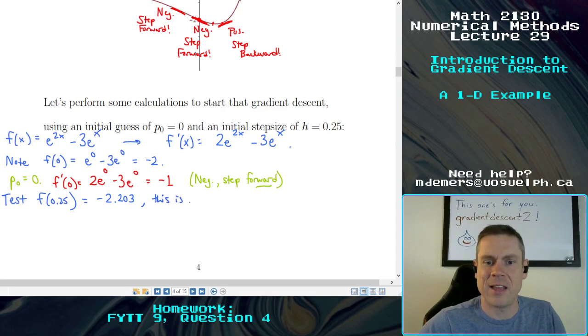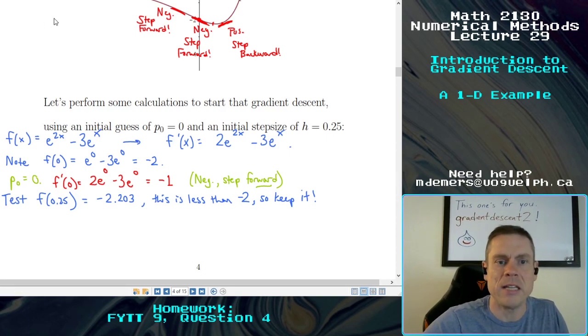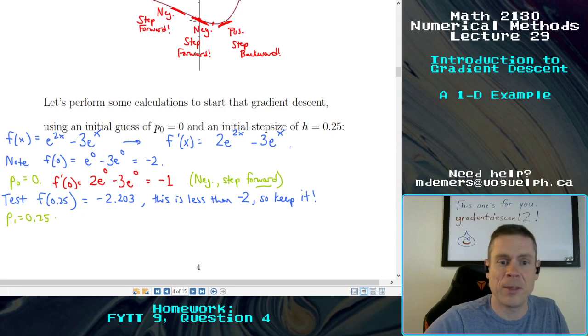And this is less than where we were before. So we're going to keep it, and we're going to let p1 equal 0.25. We are lower than where we started, and so we're on our way to doing something good.